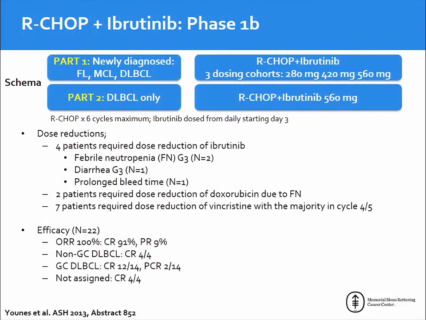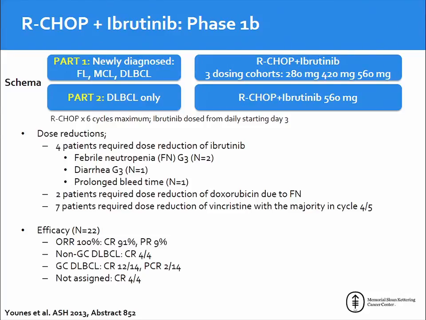There was a phase 1b study of rituximab CHOP plus ibrutinib. The results, this was really just to prove you can give it safely, and the answer is you can. Interestingly, the overall response rate was 100% with a complete response rate of 91%. The recently completed Goya study has a complete response rate of about 70%.